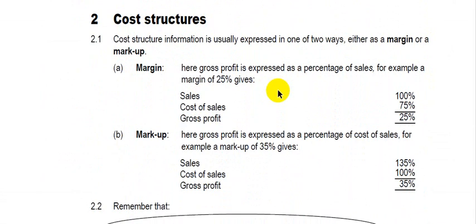We'll start with the cost structure. The cost structure is information which is usually expressed in one of two ways, either as a margin or as a markup.